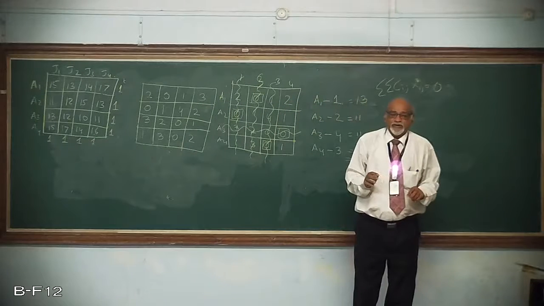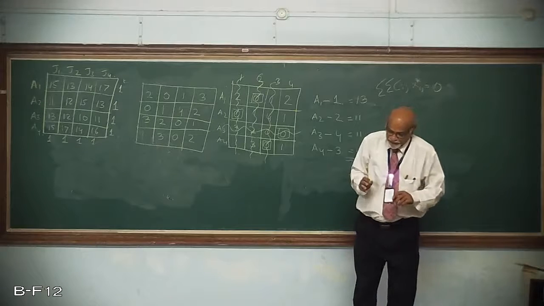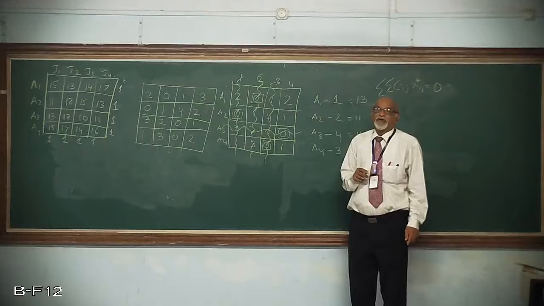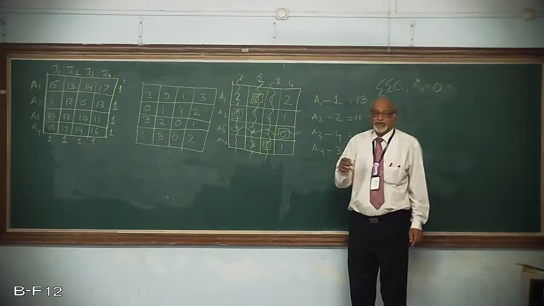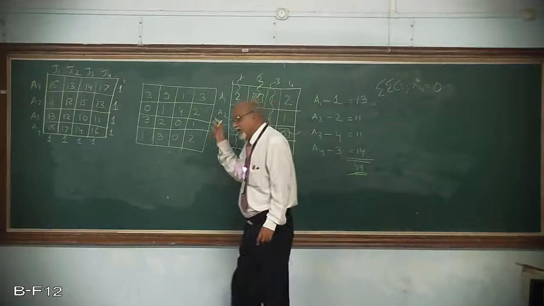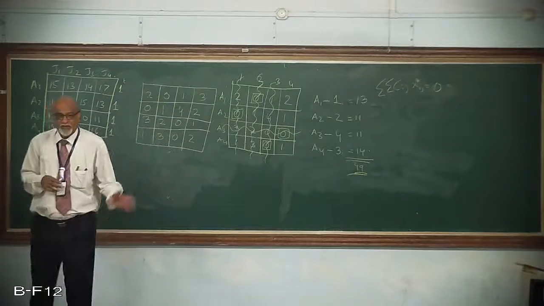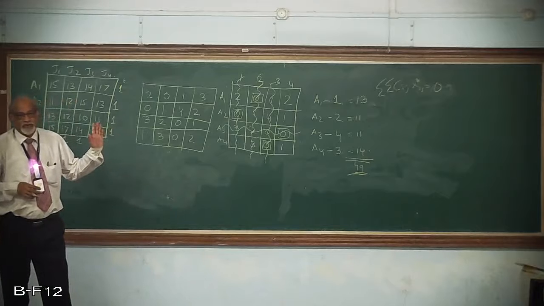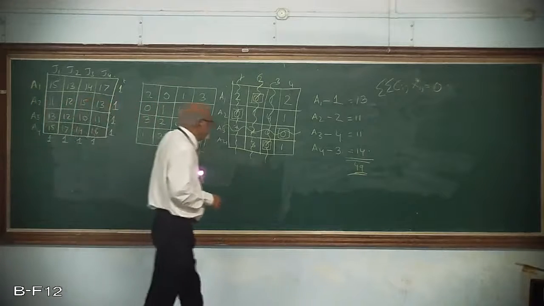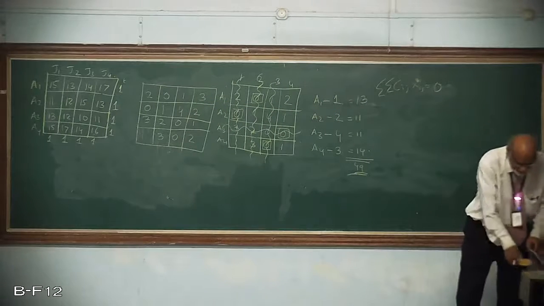And if the number of rows is less than the columns, then you add one dummy row with corresponding cost or time as 0. And if the number of columns is less than rows, then you add one dummy column with corresponding cost or time as 0. Okay? And that availability or requirement will become 1. That is how you are going to handle those things, balancing is done.